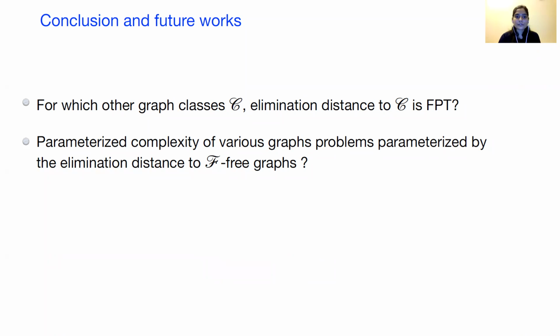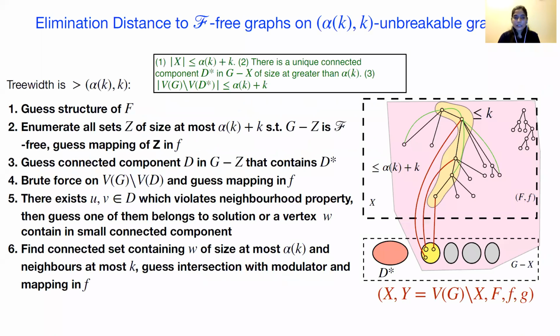Okay, so our algorithm here first actually takes the modulator itself. If you can somehow find or enumerate all the modulators for the infinite forbidden family, then the algorithm can be worked out.